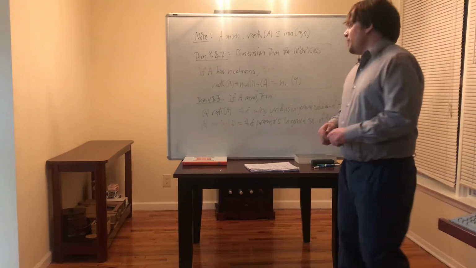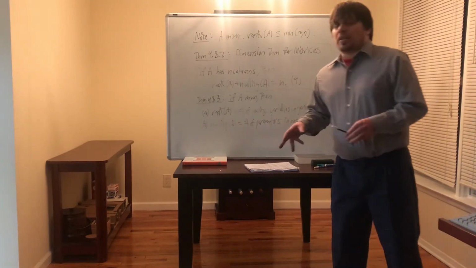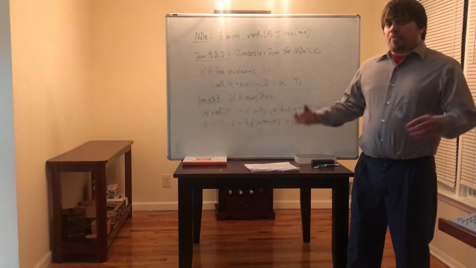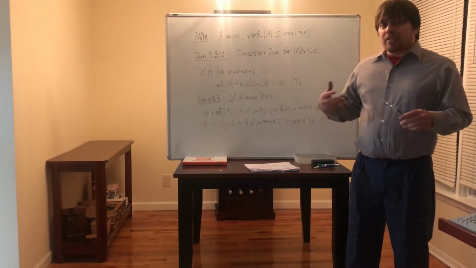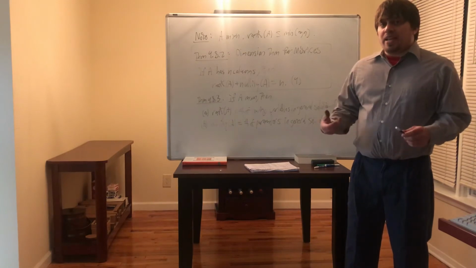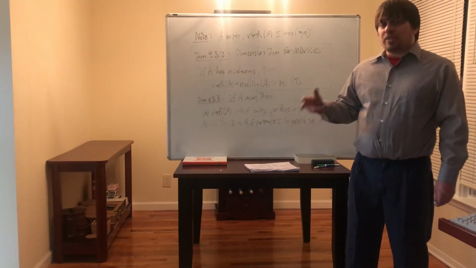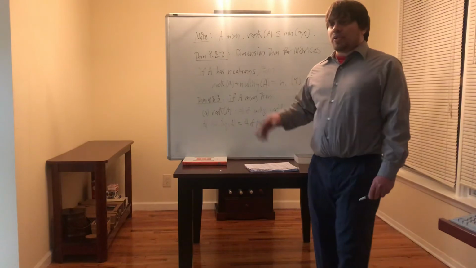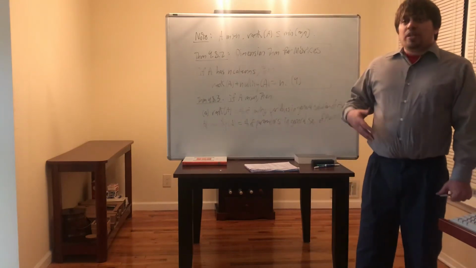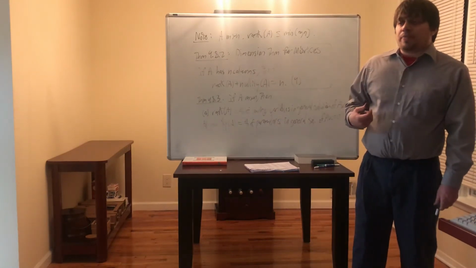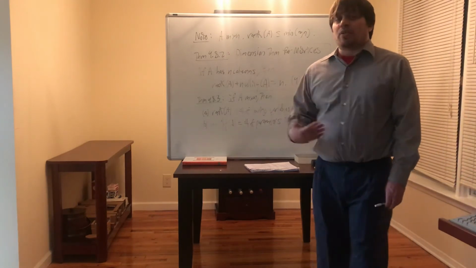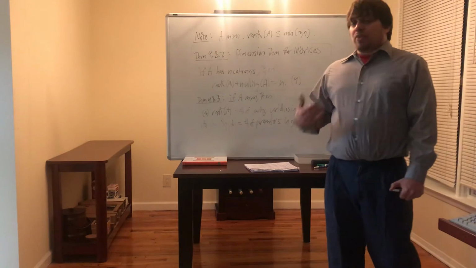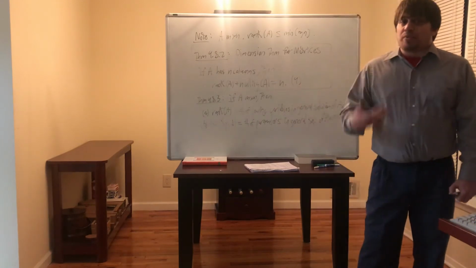And the rows with leading ones form a basis for the row space of A. So the number of leading ones in A in reduced echelon form is the number of non-zero rows, and those are the rows which form a basis for the row space. That number of rows is the dimension of the row space, or the rank of that matrix.